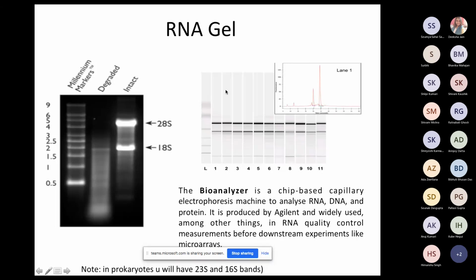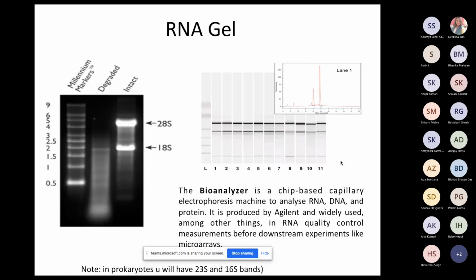Then you just wait, and the output comes in the form of a graph, where these two peaks represent the 28S and 18S, or 23S and 16S, whichever organism's RNA you are isolating. If these peaks are very strong, then you are sure that your RNA quality is good. It also gives a gel-like picture as part of the bioanalyzer analysis.